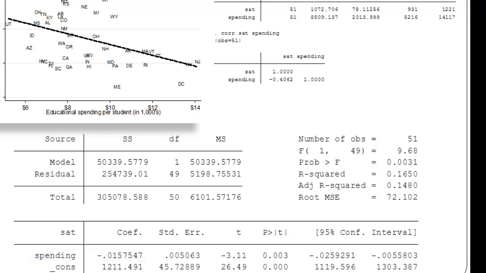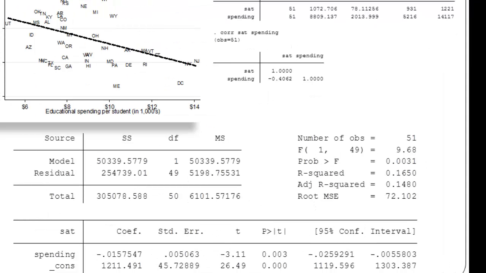So let's go ahead and plug in some values here. The next step is to take that information and put it back into the original units. And to do that, I really need to see how these variables are measured. Looking quickly at the means of the variables, I can see that the mean spending is 8,809.137. That tells me that the spending variable is measured in dollars, so that a 1 unit change in x is really a $1 change.